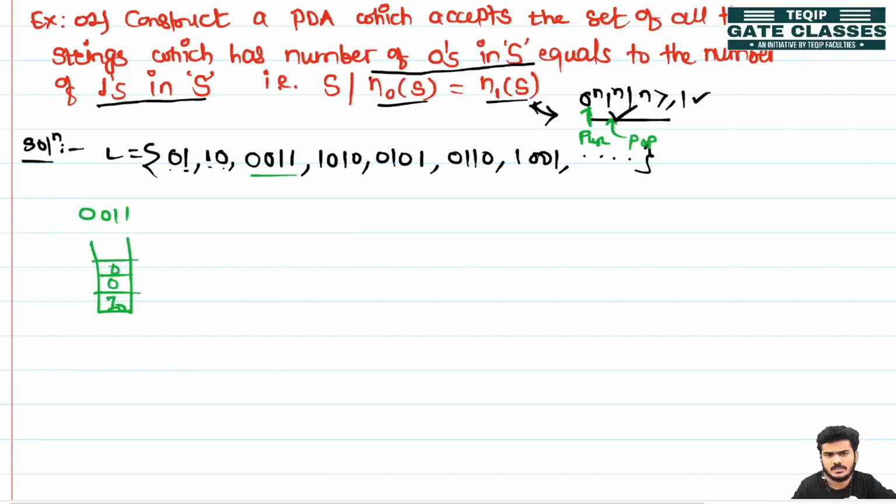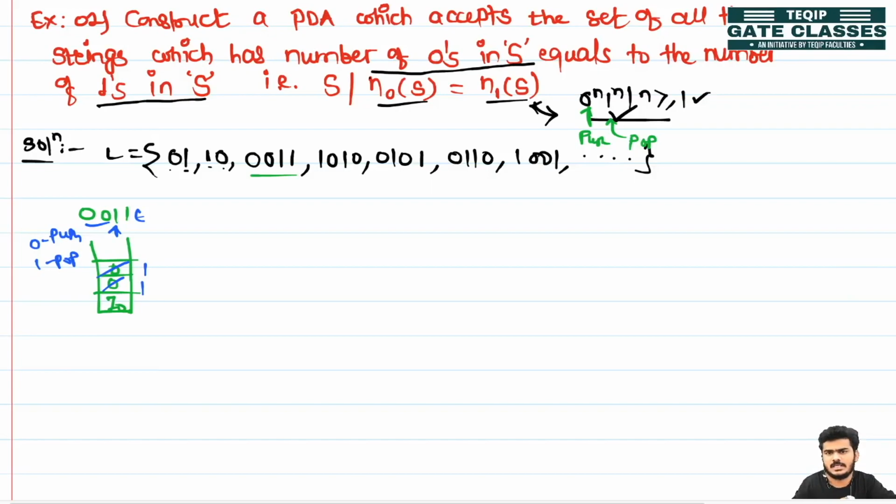So I am pushing it. Whenever 0 comes, I will push, and whenever 1 starts coming, I will start popping. So 1 started occurring, I will pop it, and again 1 occurred, I will pop it. So this is about the string 0 0 1 1.